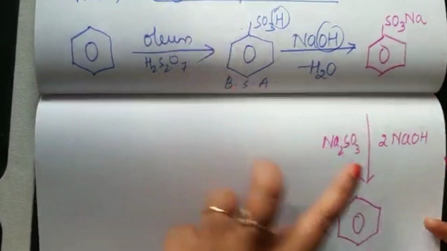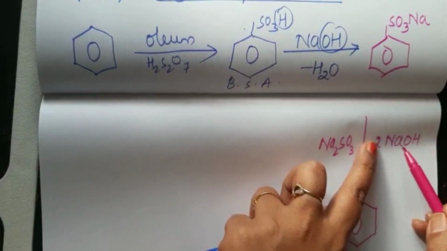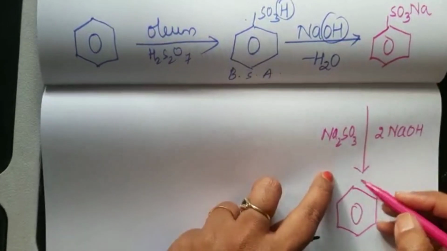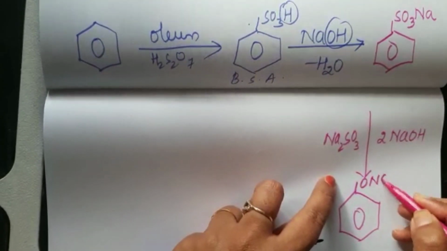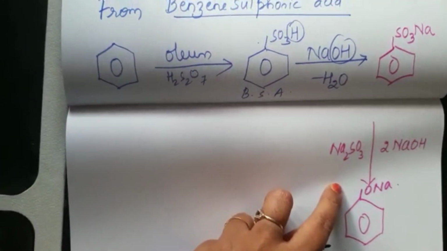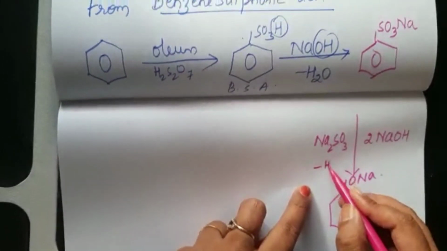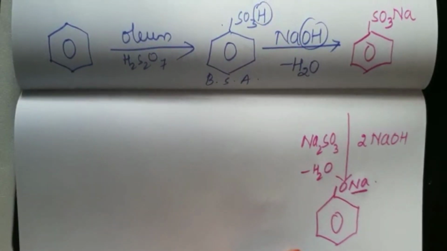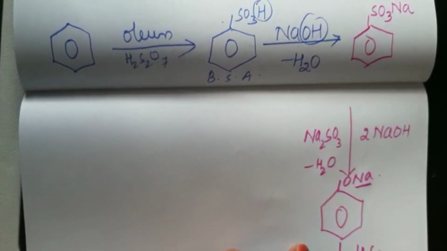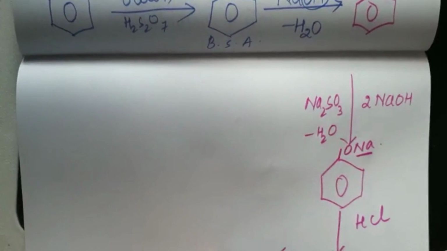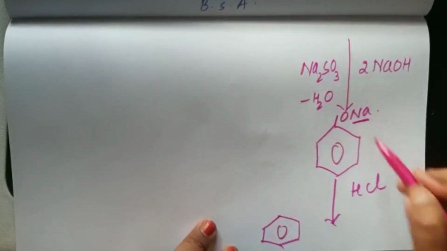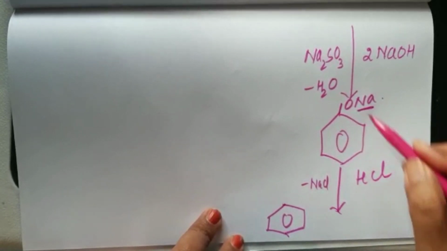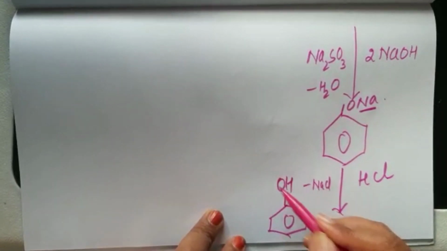So what is left out? ONa is left out, and water is also removed. So what do I need here? Hydrogen. So what should I do? I should go for acidification. That gives me NaCl as Na goes with Cl, and H will come inside, giving you phenol.